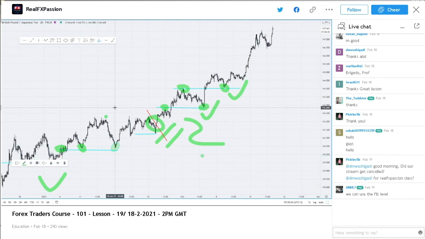You can say, okay, in order to enter the market, or you can also reject. You can say, okay, I'm going to trade the uptrend lines, I'm going to trade the Fibonaccis, I'm going to trade whatever, but I'm not going to use past support and resistance. Make sense, everybody?